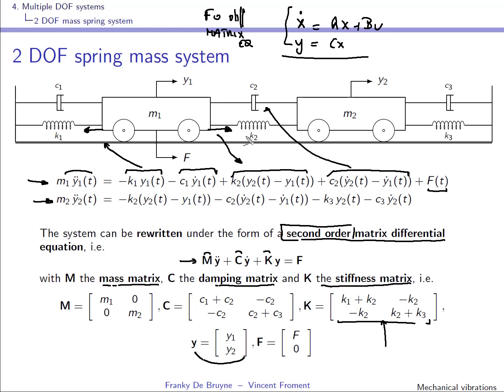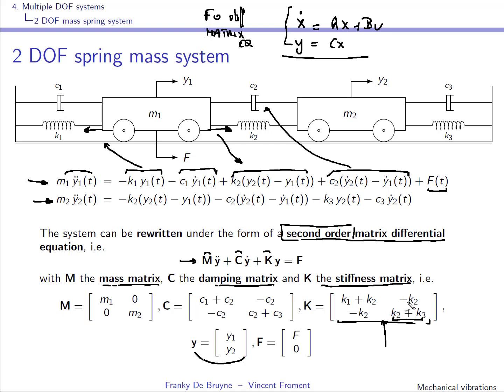It's K1 and K2, and you simply add them and you have the element that you have to put over here. This element here is for mass 2. It's connected to two springs, K2 and K3. You add them and you have the corresponding element.